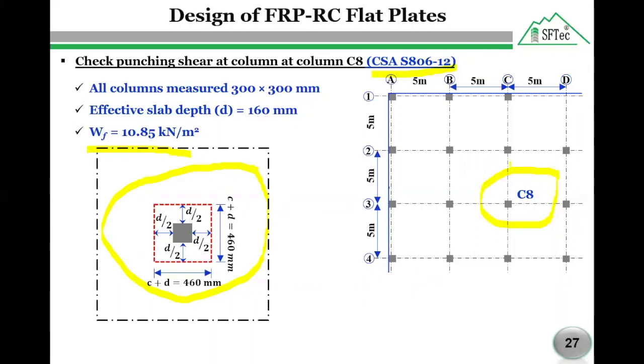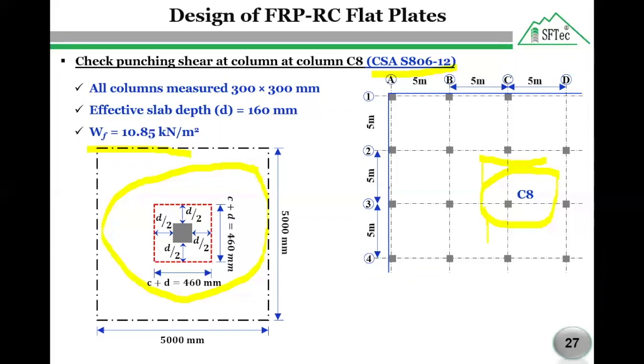We have 5 meters, so on this side we go 2.5, and here 5 meters, so we go 2.5. In the other direction, we have 5 meters, so we go 2.5 on each side. This area is 5 by 5, as we see here on our left side.